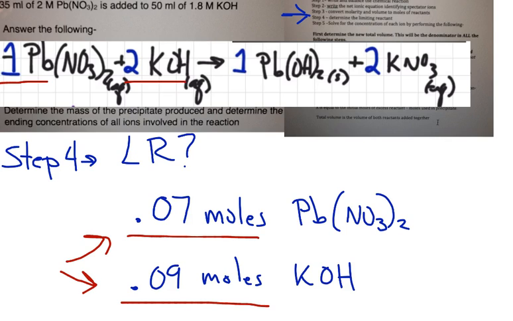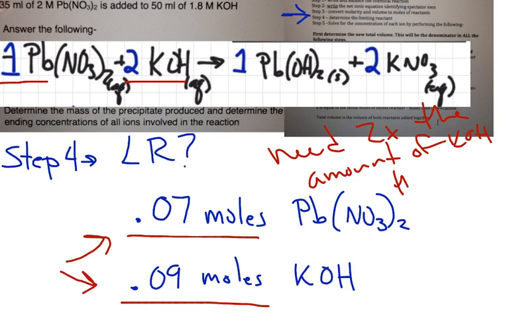So another way to say that is you need twice the amount of KOH than PbNO3 2.